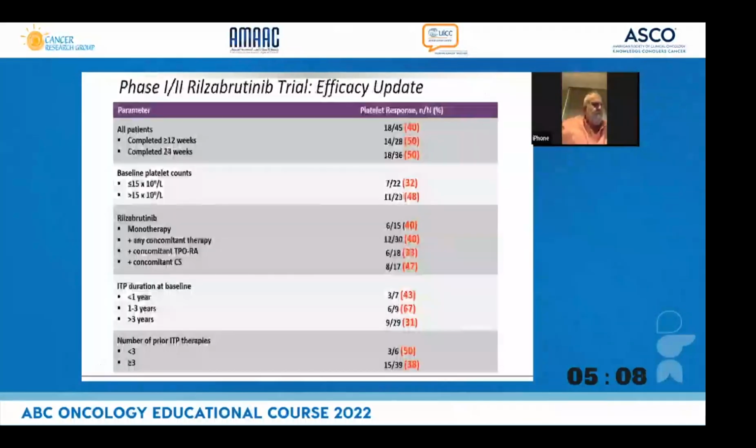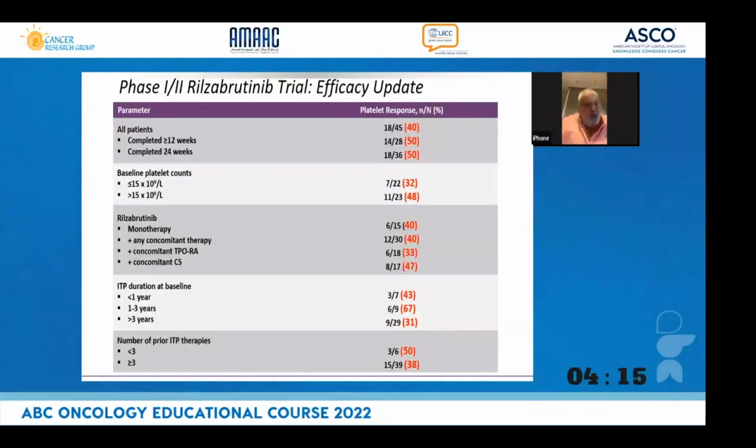Next slide, please. And if you look at the results of the phase 1/2 of the drug, you will see that in all aspects of patients, the duration, more than 12 weeks, less than, the completion of the trial at 12 weeks and 24 weeks, the baseline platelet count, the drug being used as monotherapy or with any concomitant, with TPO, also showed a good platelet response.